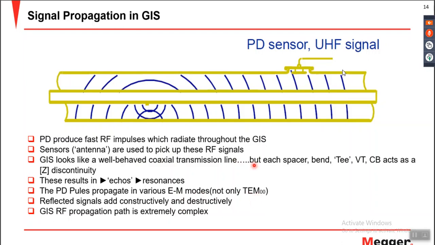And because the GIS has different spacers, bends and T connections, the signals have discontinuities, or the signals can be reconstructed or deconstructed at different points. These signals can be captured by means of ultra high frequency measurement. So that is the reason we use ultra high frequency measurement in gas insulated switchgear.